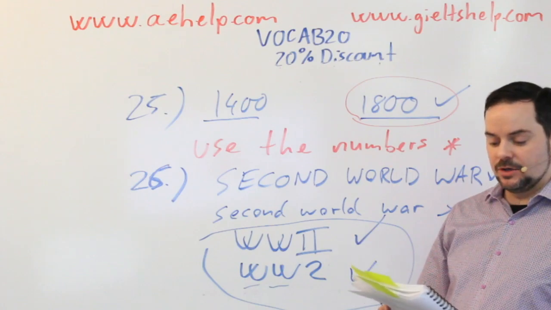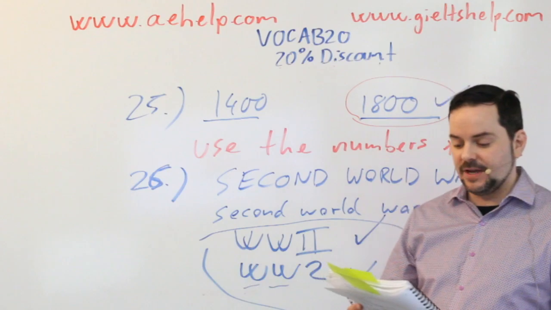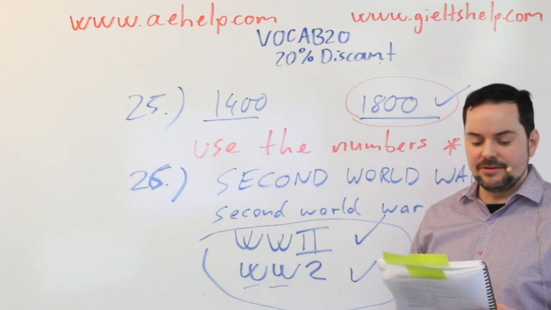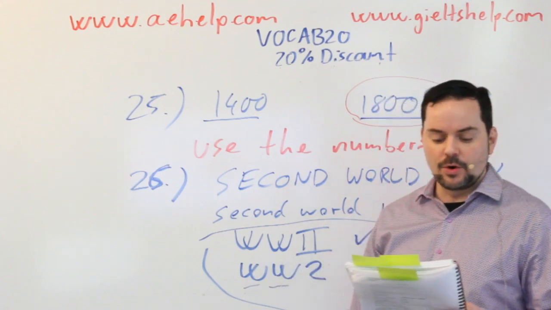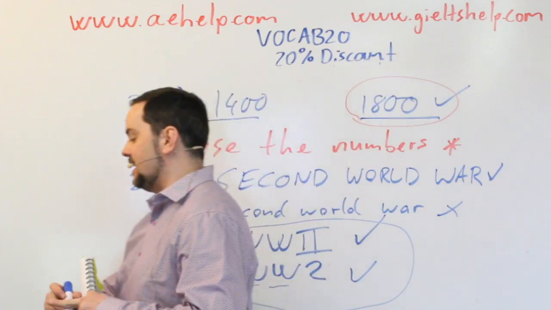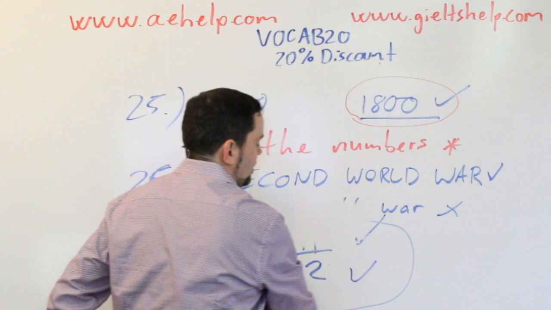Okay, so now let's look at the matching questions with the historical figures. The first one here, 27, Robespierre. Where is Robespierre going to go? Is it A, B, or C? So we're looking at the matching questions here.